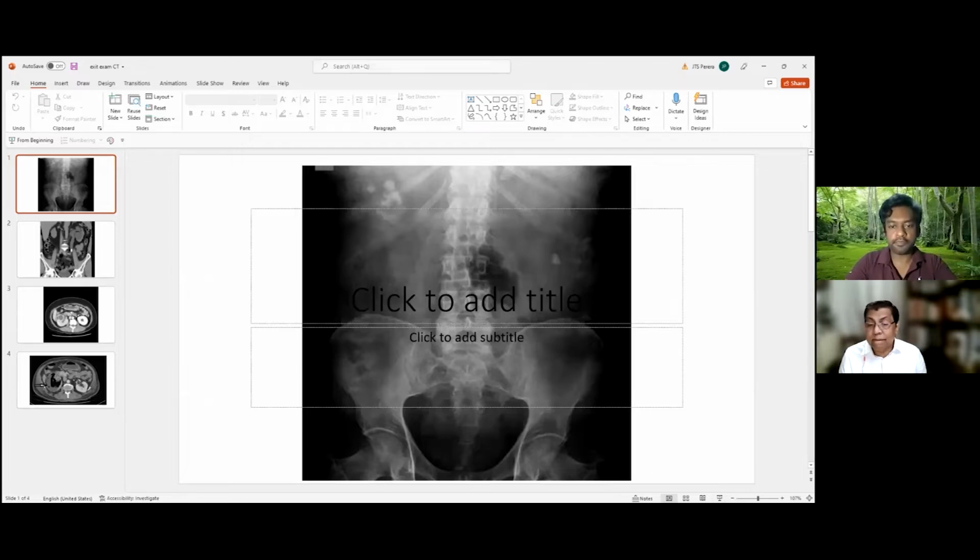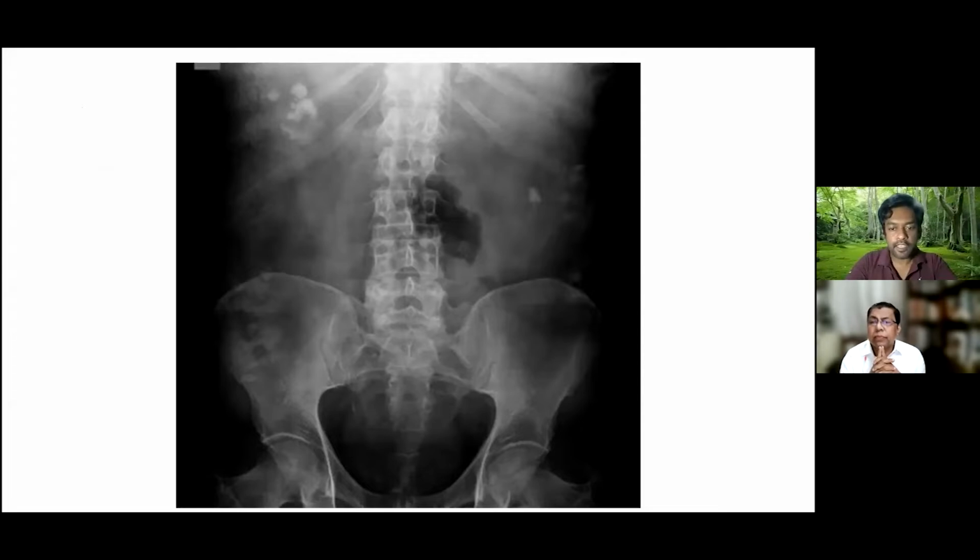This is a plain X-ray KUB of a male patient, and the obvious abnormality I see is bilateral hyperdense areas in the renal area. On the right side, there are multiple radio-opaque areas, mostly involving the upper pole of the kidney.